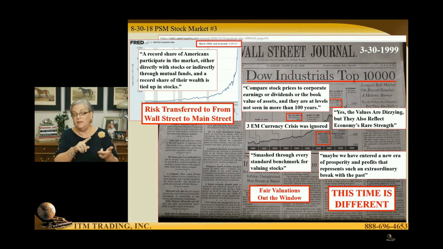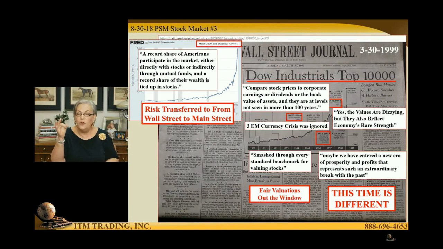Well, they created the IRAs and they went away from defined benefit pension plans into contribution plans, the 401ks. So that also, a defined benefit puts risk on the corporations. A defined contribution puts risk on you. And that's exactly what they did.